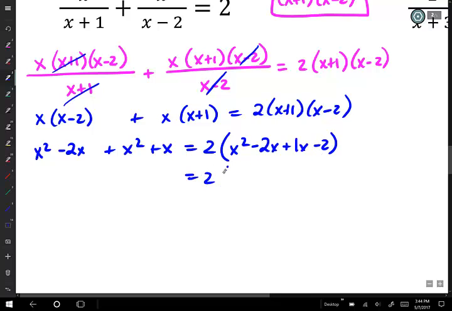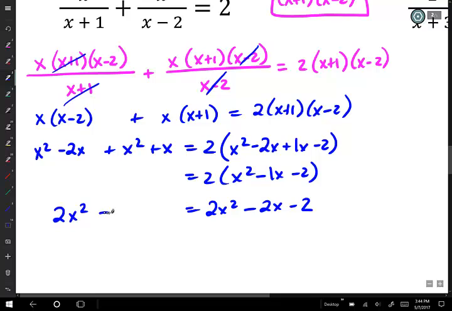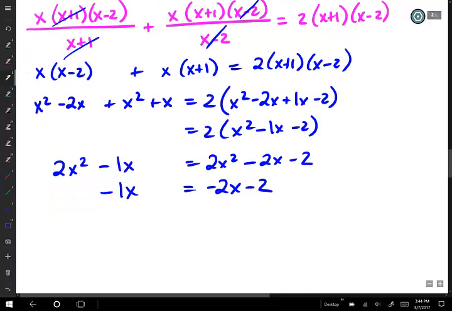Our right side, x squared minus 1x minus 2 equals 2x squared minus 2x minus 2. On our left side, we have 2x squared minus 1x. Nice about this problem is the 2x squareds cancel out. That leaves me with minus 1x equals minus 2x minus 2. I'm going to add minus 2x over, giving me 1x equals negative 2.